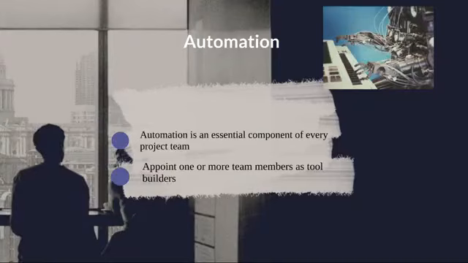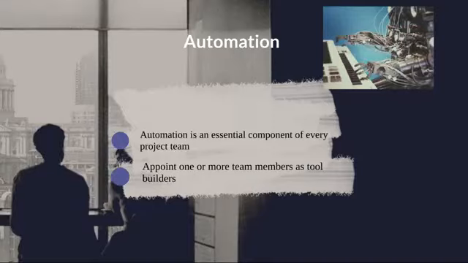To ensure that the things get automated, appoint one or more team members as tool builders. Now, what does a tool builder do? A tool builder constructs and deploys the tools that automate the project drudgery. We can have them produce make files, shell scripts, editor templates, utility programs, etc.